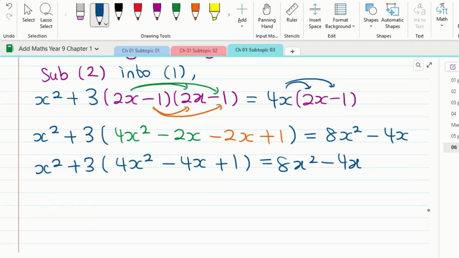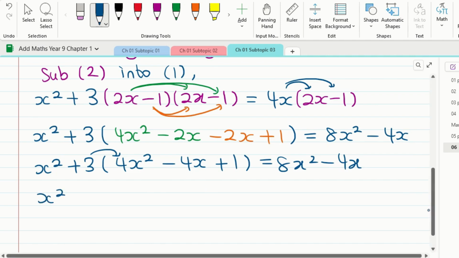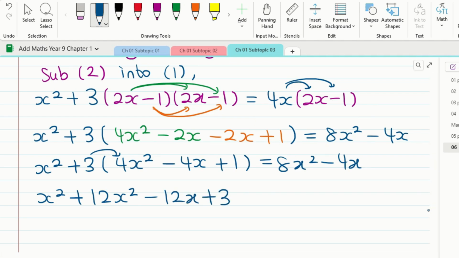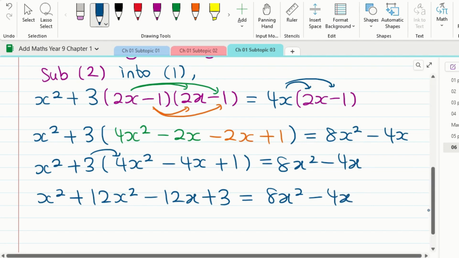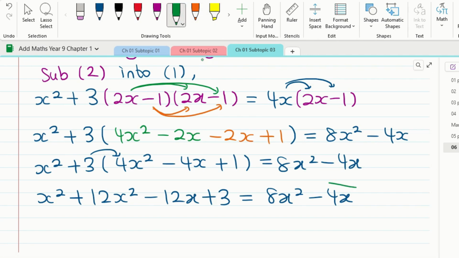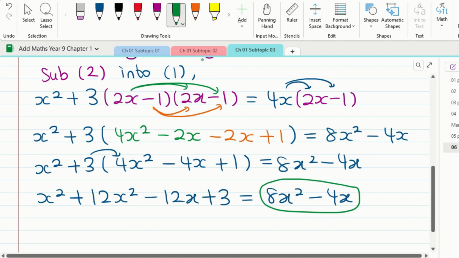As we go further, let's expand the 3 to all of the terms. So x squared plus 12x squared minus 12x plus 3 equals to 8x squared minus 4x. And now your objective is to make sure that you have a correct quadratic equation.